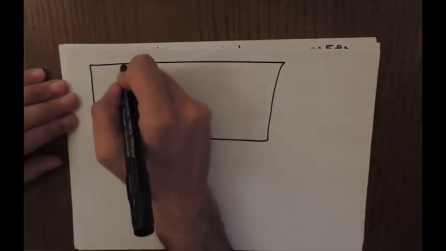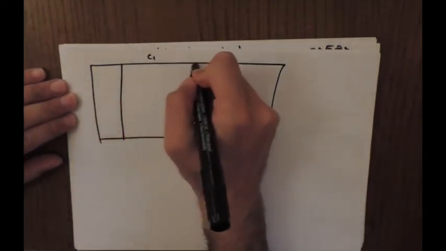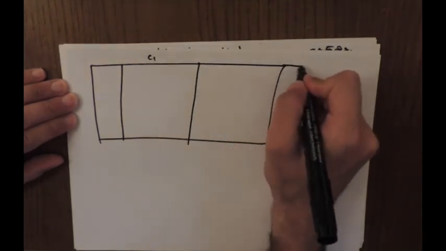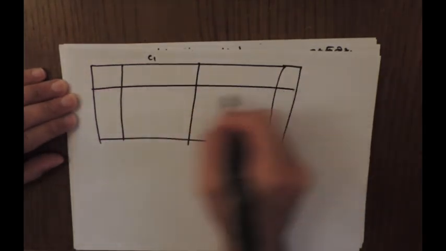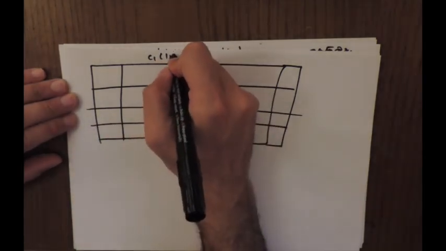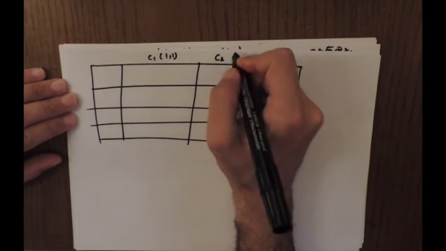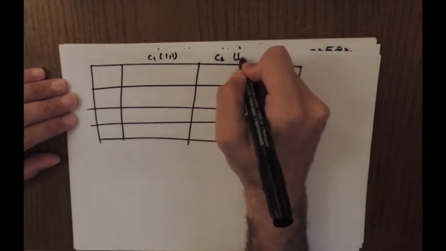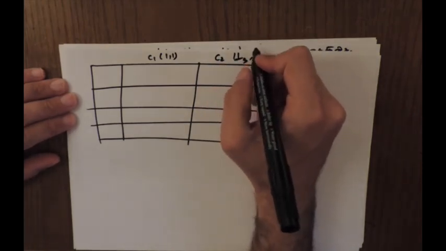And now I have these points. I have C1, and C2. Remember C1 here is still (1, 1), and C2 now is equal to (11/3, 8/3).